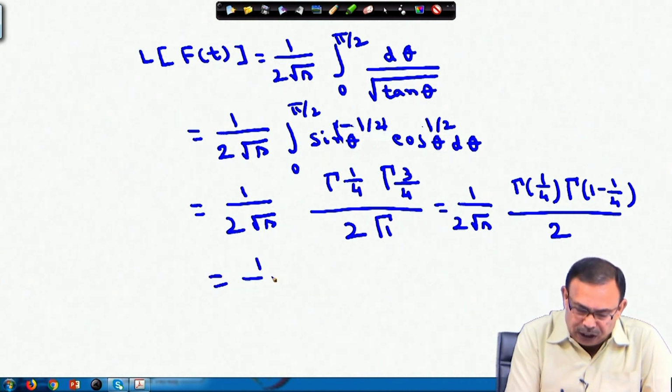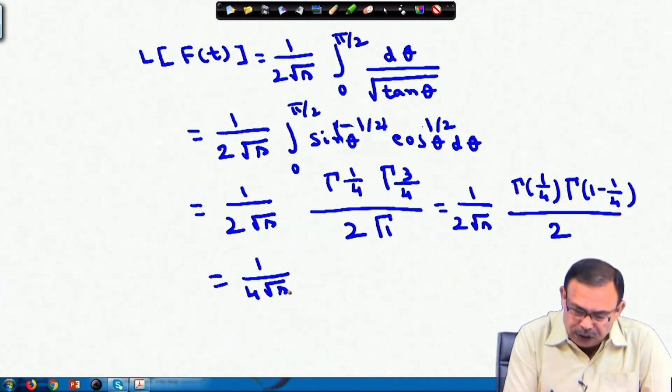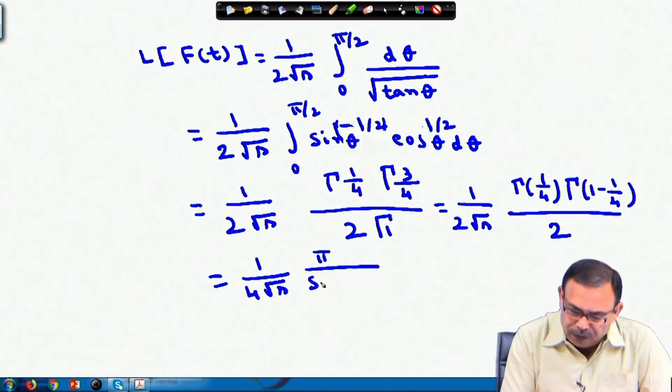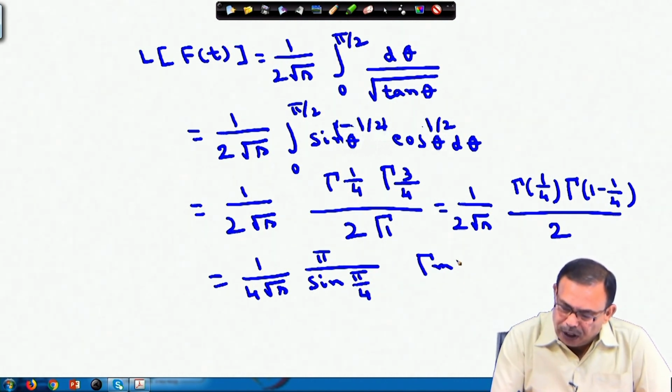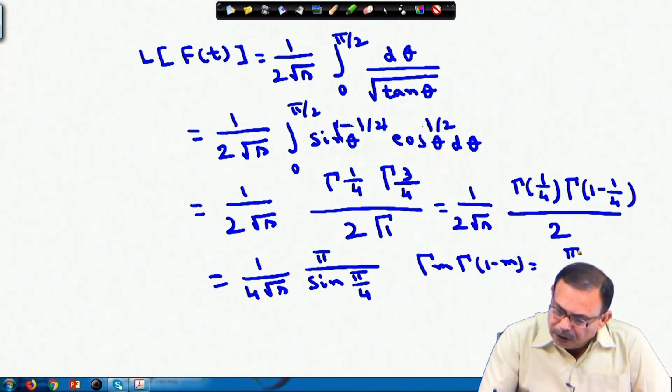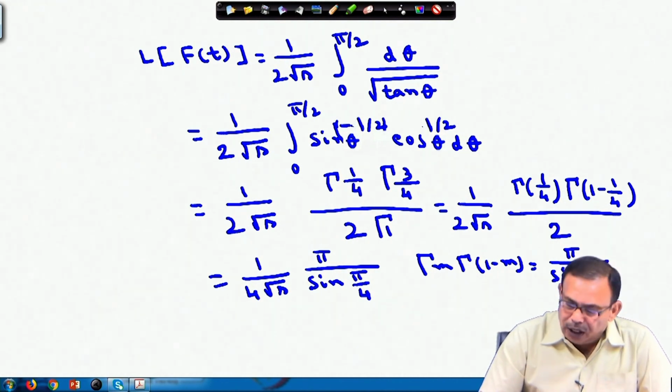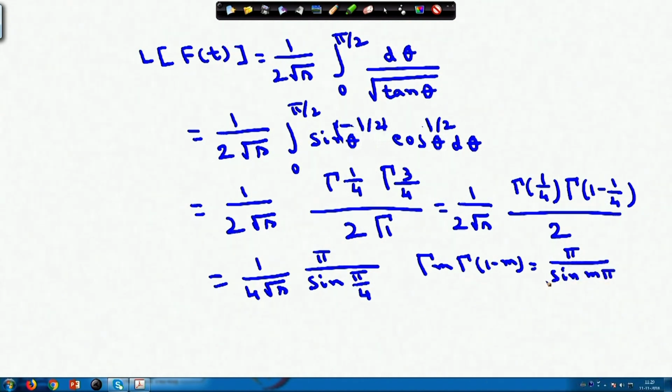This equals 1 by 4 root s into pi by sin pi by 4, because we know that gamma m into gamma 1 minus m equals pi by sin m pi, where m lies between 0 and 1. If I substitute the value of sin pi by 4, I obtain pi by 2 into root over 2 s.